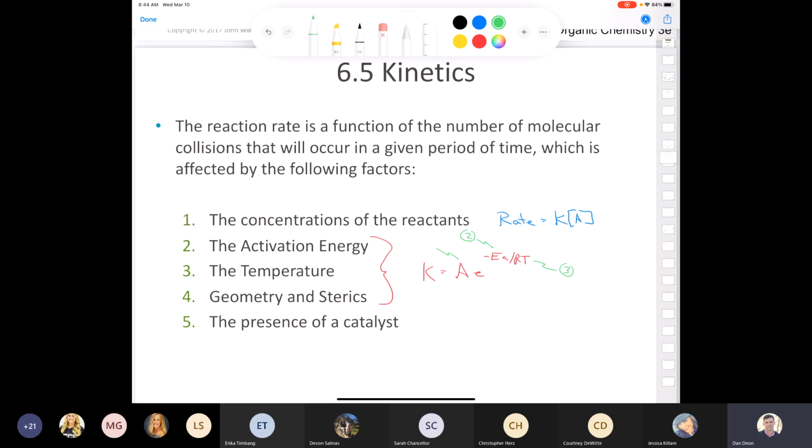You have the geometry and sterics, which is that's A, the steric factor here. Then the presence of a catalyst can also affect the activation energy. I don't even think that the Arrhenius equation shows up in our textbook, but if you wondered where those are in terms of the calculations of reaction rate, those are factored into the rate constant, okay? Again, I'm just reviewing general chemistry 2 with you.